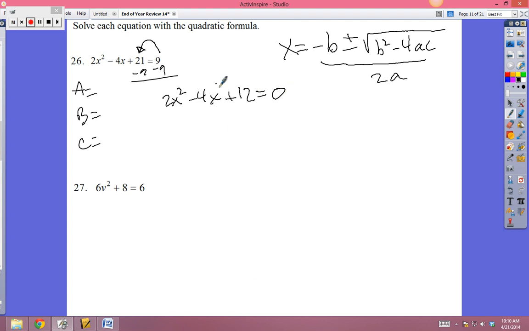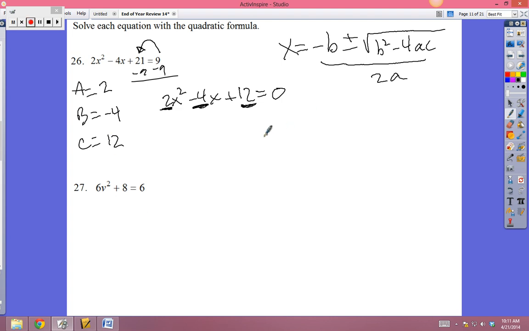Okay, now, as soon as we got everything on the same side, you can figure out what your A is, what your B is, and what your C is. So A is how many squares you've got, so A is going to be 2. B is how many x's you've got, so B is going to be a minus 4, and then C is going to be how many numbers you've got. C is going to be 12. So now that you know your A, B, and C, all you do is plug them into the formula.